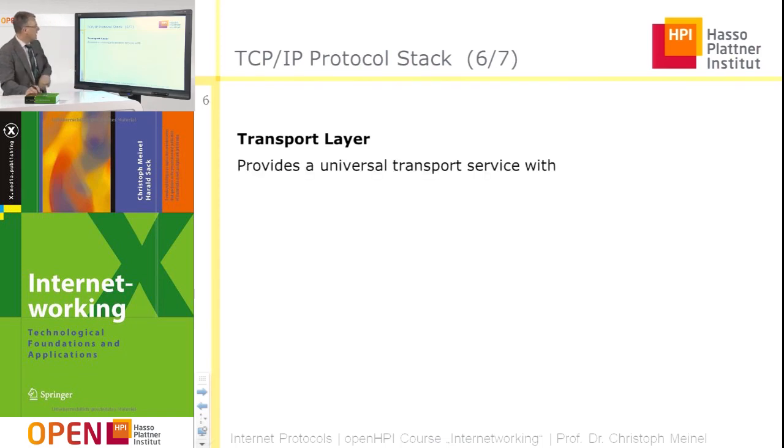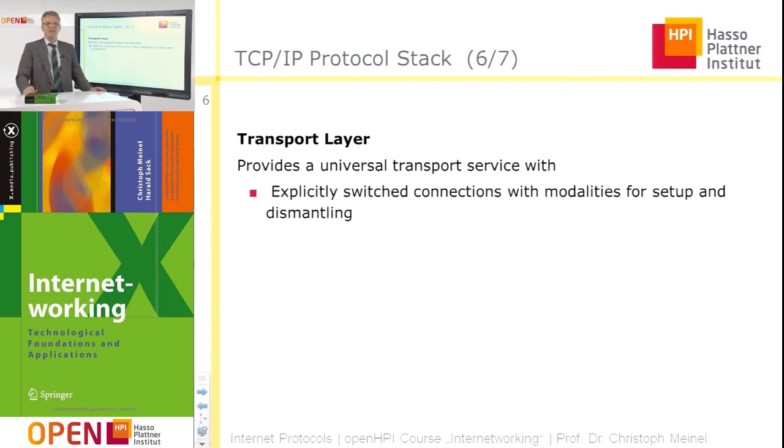So on the transport layer, a universal transport service is provided with a kind of guarantee that, over the single packets that are transported, the overall message is sent and received by the receiver. So here explicitly switched connections are needed.